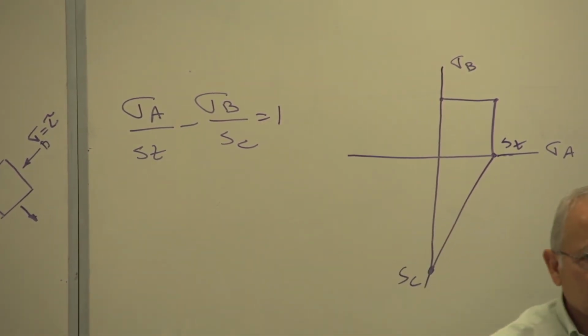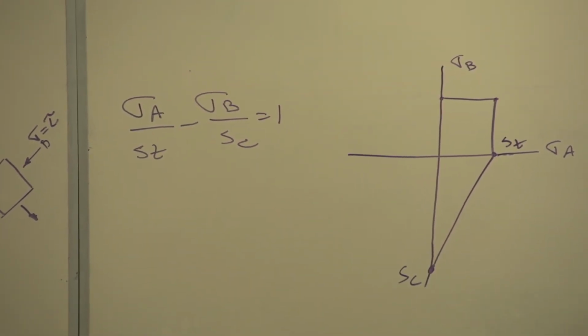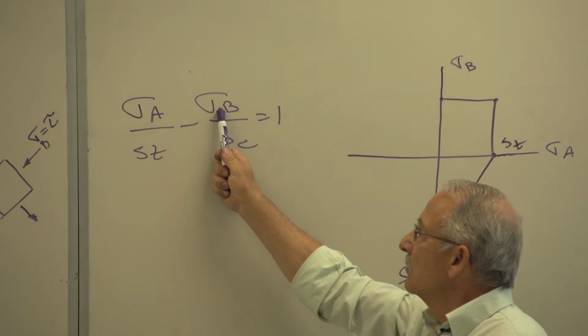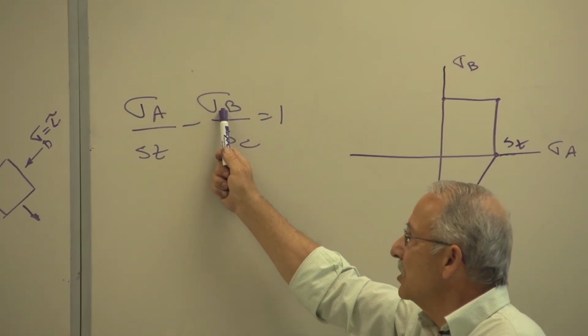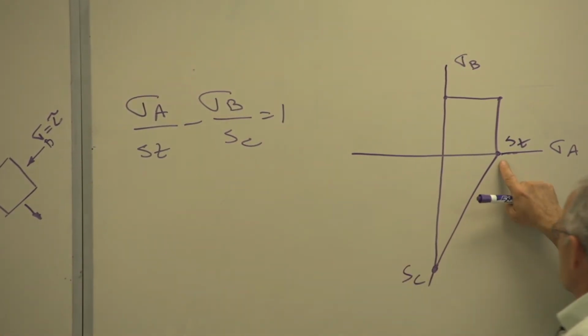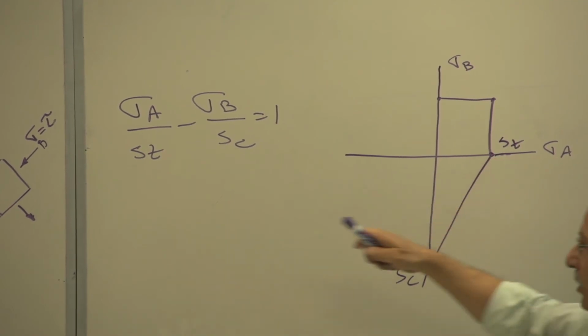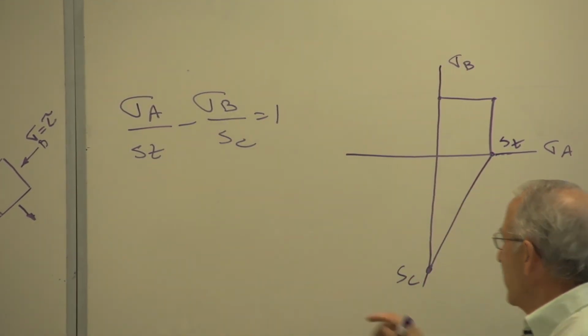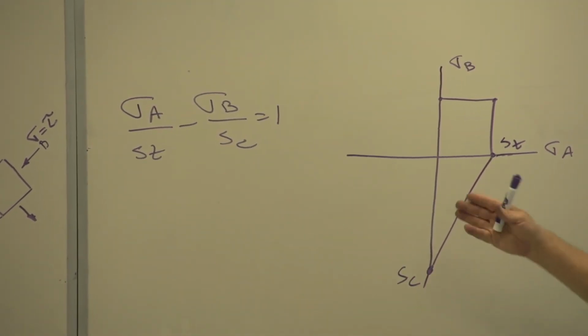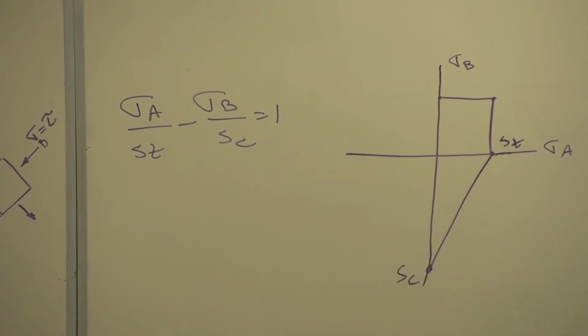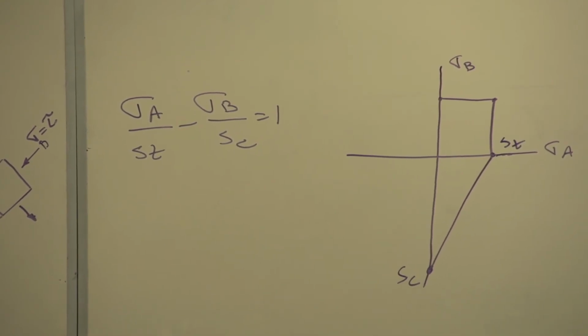That's the equation of this line. How do we know? Let's say sigma B is 0, sigma A equals ST. Sigma A is 0, sigma B equals minus SC. That's a straight line. You connect it, and you got the equation of the failure line.